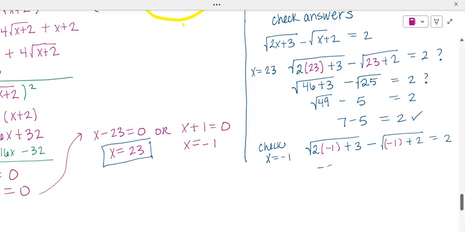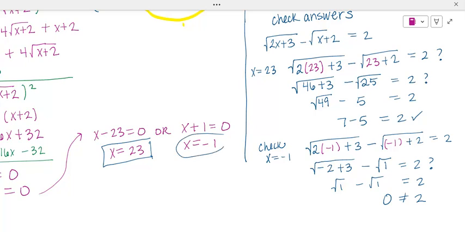I'm getting negative 2 plus 3. And then I'm getting negative 1 plus 2 is just a 1. I want to know if this is true. Square root of 1 minus the square root of 1 is 0, not 2. So it looks like that answer does not work. This one we reject. So our only answer for this is x equals 23.